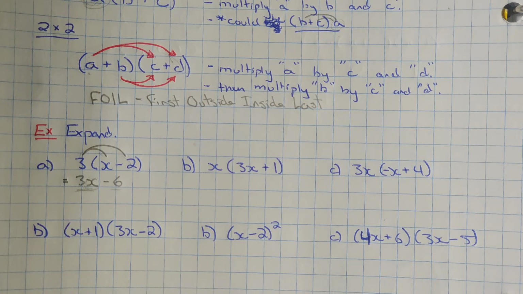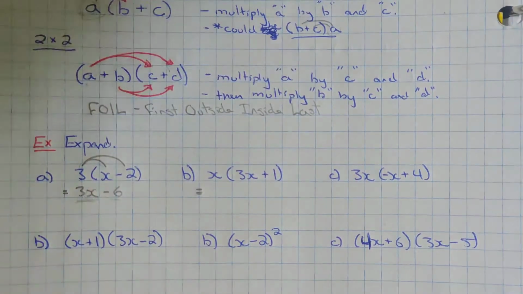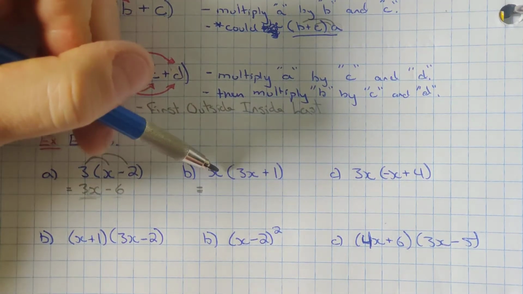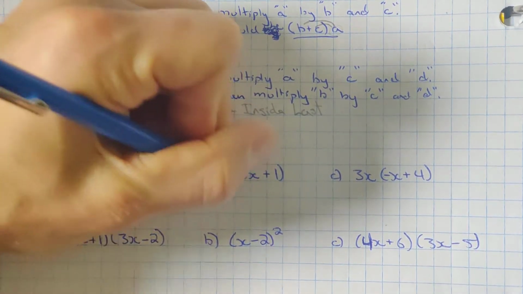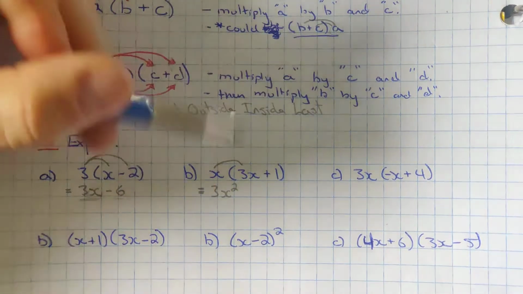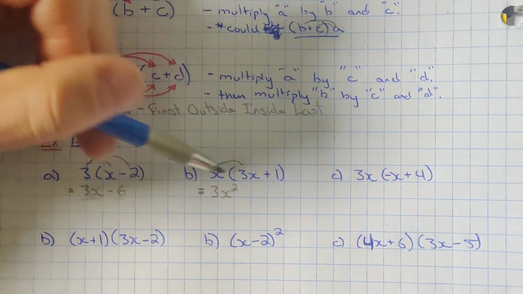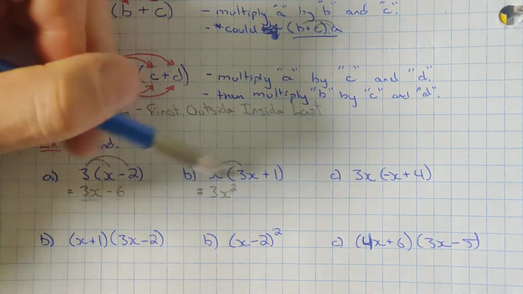The next one, we have x times (3x plus 1). And so here, when we multiply this, we get 3x squared in the first one. Why? Well, the 3 times x is the same as over here, but then we also have the x and 2 x's.